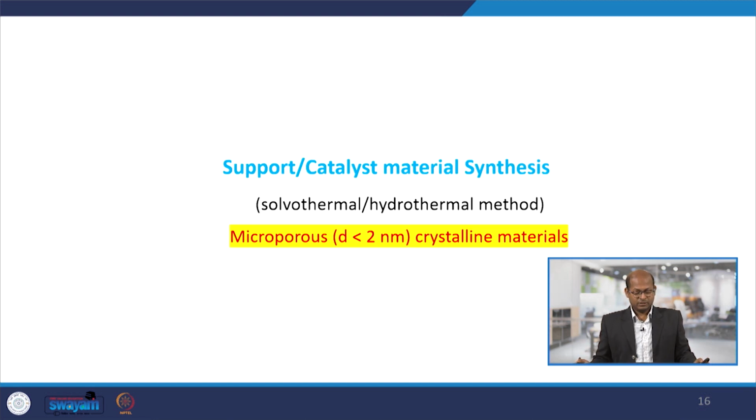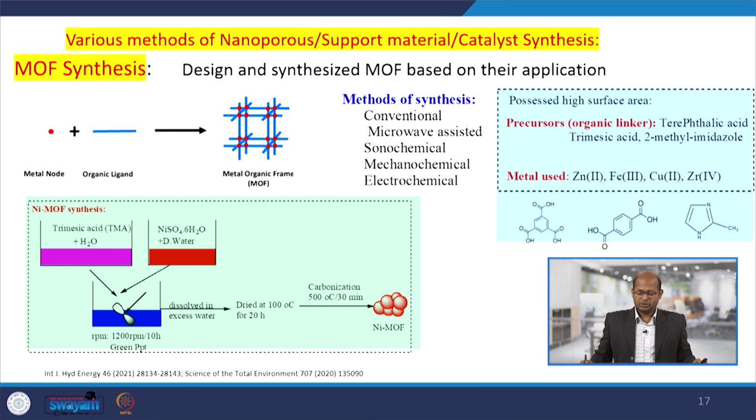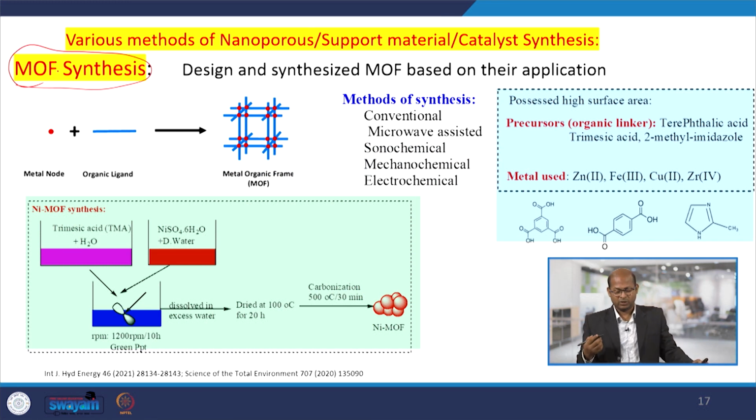Now if we want to prepare microporous materials, we can use the solvothermal method or hydrothermal method to make materials usually having micropores inside. One is the MOF material, which is microporous.